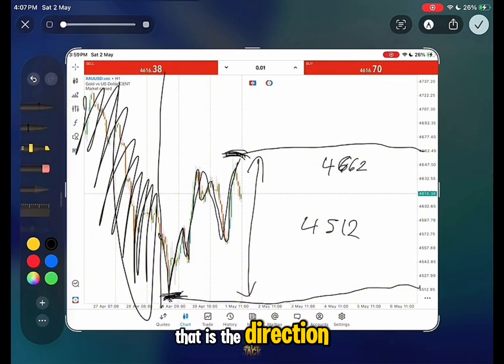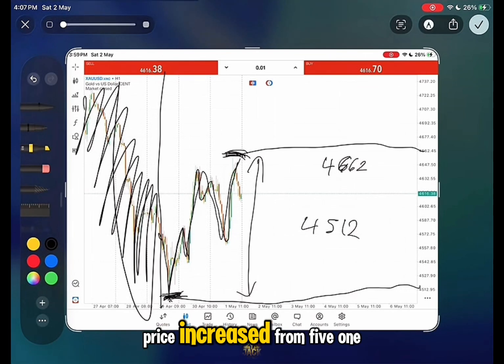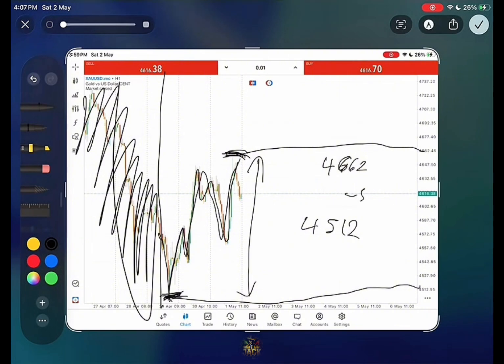That is the range that price actually went up. Price increased from 4512 to 4662. Now that's 150 change in the price, as you can see.